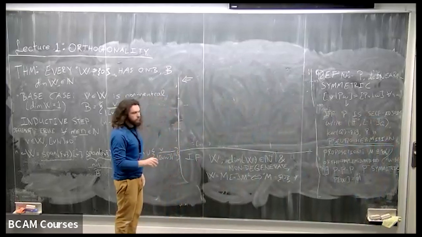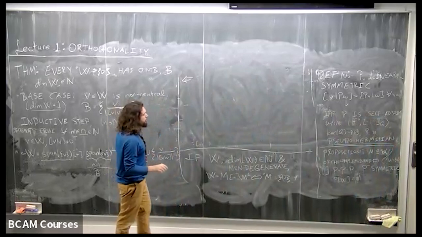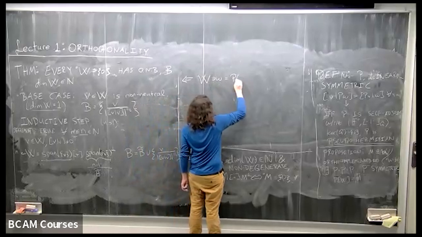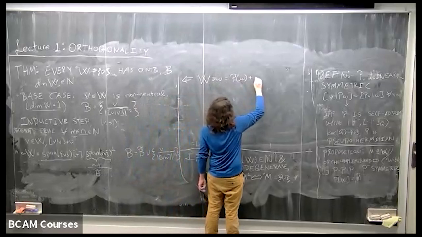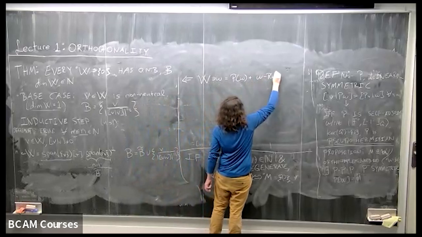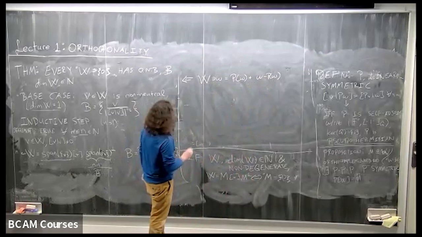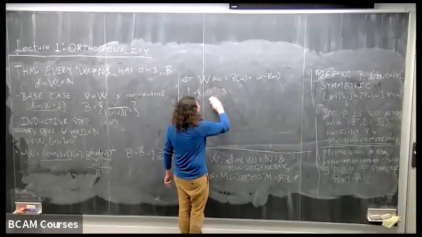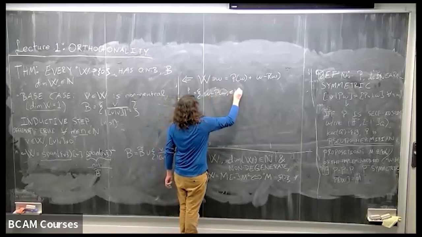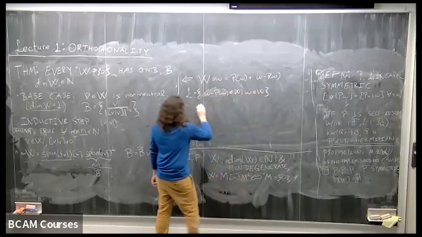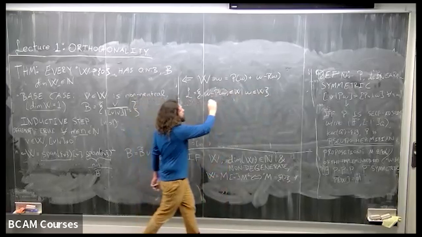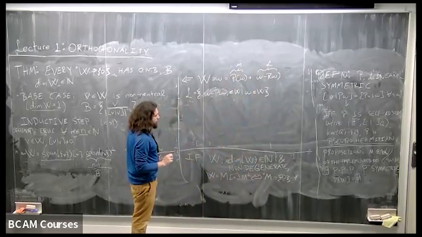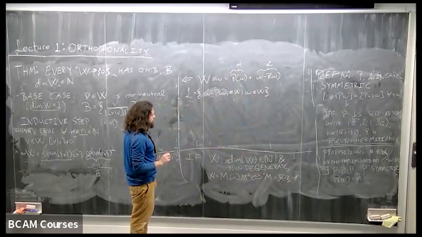If we go this way, we assume the existence of the projection. What we can do is, for every W in W, I can write it as P of W plus W minus P of W. Then I can define L to be the set of vectors of the form W minus P of W. And this is sort of the orthogonal complement of M. The idea is that this is M, this is L. To make sure that this works, we need to verify a couple of things.